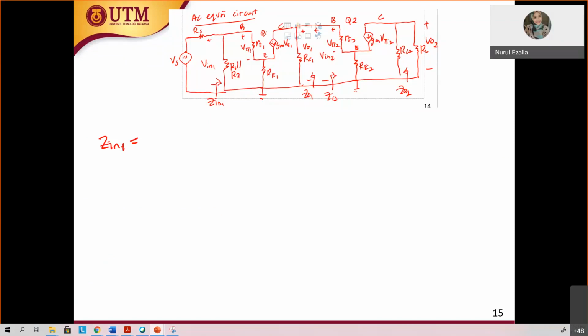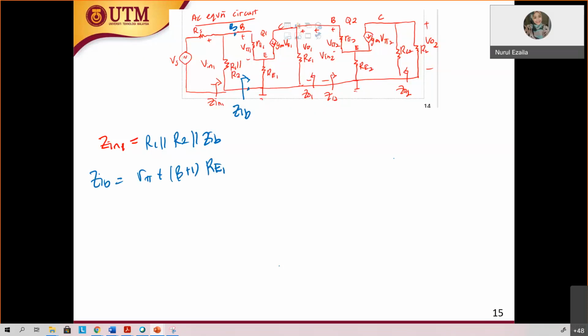Do you still remember for the common emitter bypass, you have another term over here, which is Z in B. So Z in 1 is equal to R1 parallel R2 parallel Z in B. Z in B, where you do V total over IB across this node to the ground, is equal to R pi plus beta plus 1 RE1. That is your Z in B.